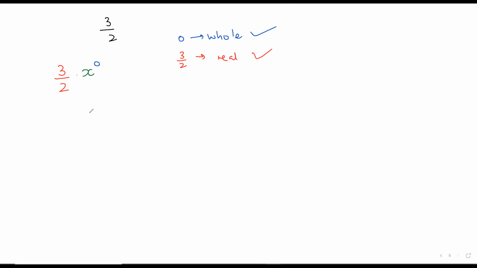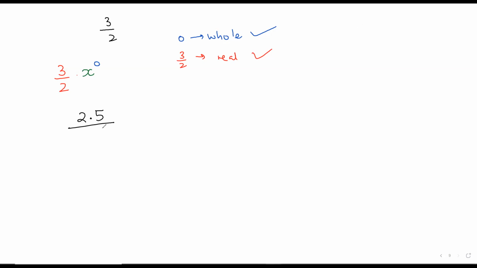How about 2.5? Yes, Mridula? Ma'am, if the rational number's numerator is in decimal form and the denominator is in whole number form, it will also be a polynomial. Okay.